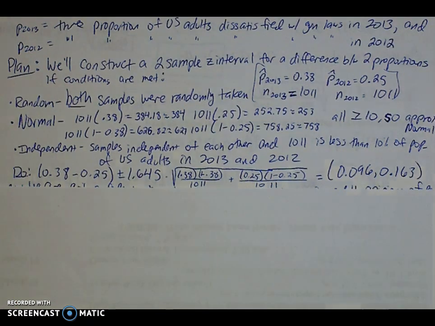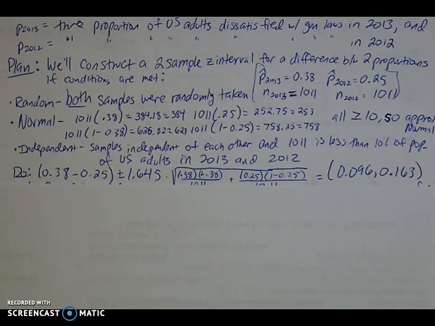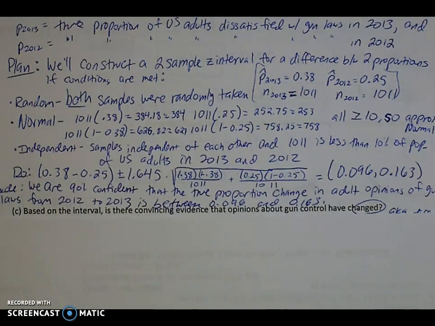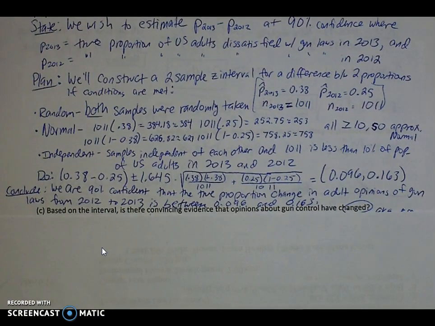So we get an interval of 0.096 to 0.163. Now all that's left is to conclude. So we are 90% confident that the true proportion change, or you could say that the true difference in proportions in adult opinions of gun control from 2012 to 2013 is between 0.096 and 0.163.